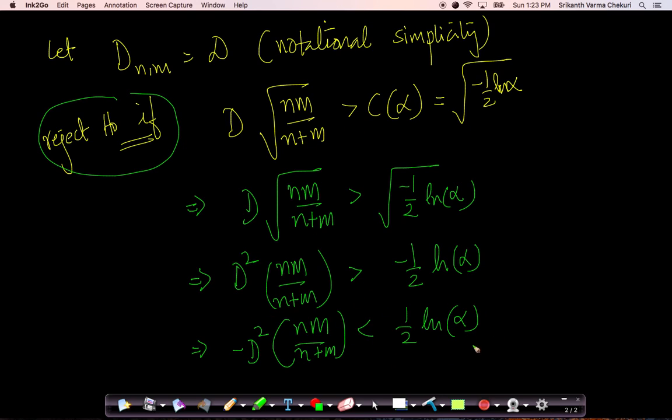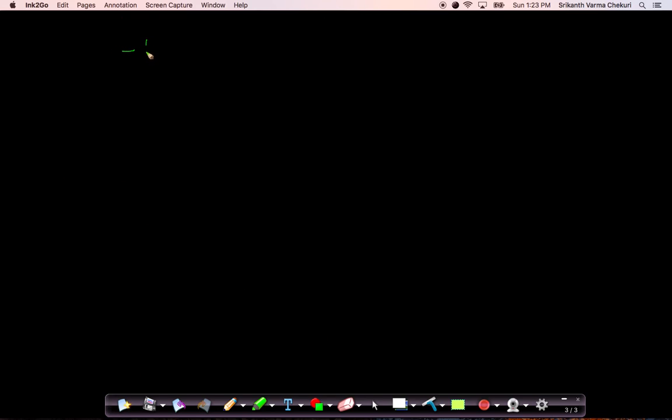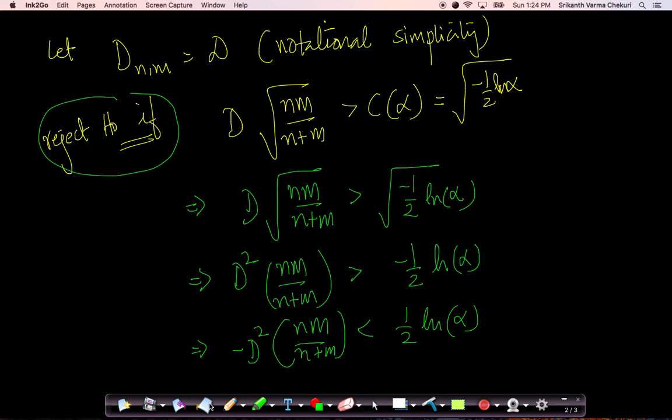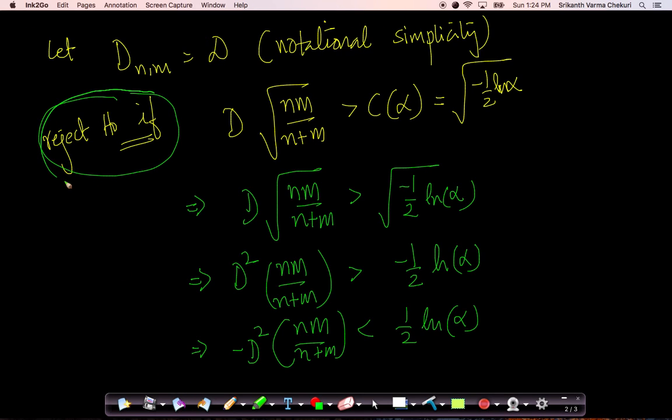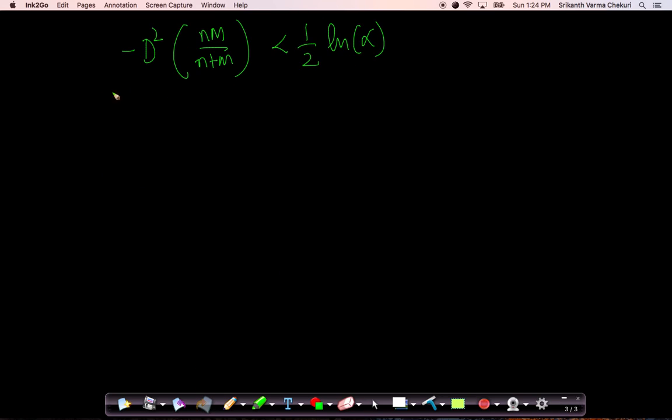Now let's work this out. So what do I have here? Minus D square nm by (n plus m) is less than half of natural logarithm of alpha, then I reject my null hypothesis. That's what I started off with. Now if I multiply both sides by 2, I get minus 2D square nm by (n plus m), and the inverse of log is the exponential function.